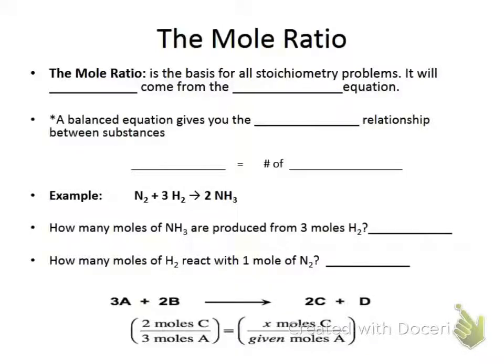So what is the mole ratio? It is based on the balanced equation, so always comes from the balanced equation. Whoops, forgot to tell I was writing. So always comes from the balanced equation. And the balanced equation will give you the mole relationship. Okay?